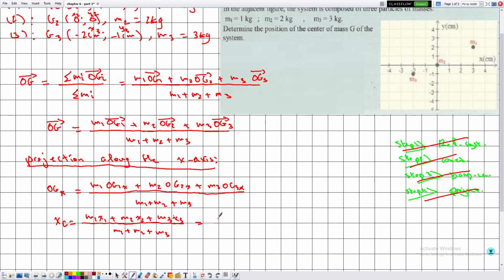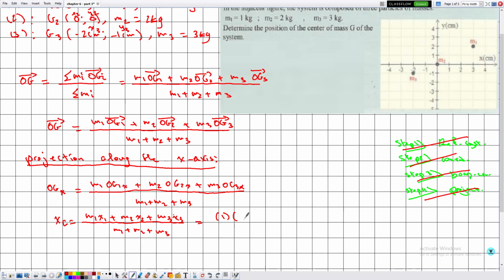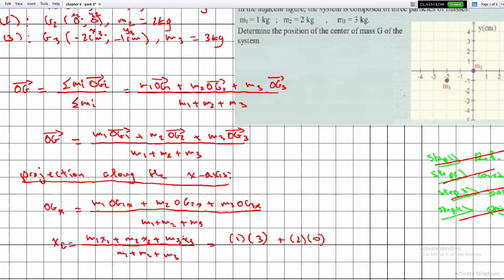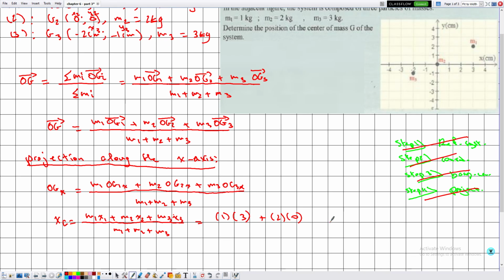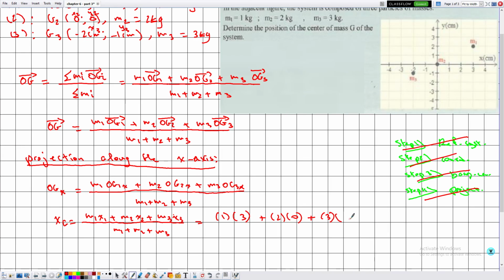Now the value of m1, which is 1, multiplied by x1, which is 3 centimeters, so 3, plus the value of m2, which is 2, multiplied by 0, because x2 is 0, plus m3, the value of m3 is 3, and the value of x3 is minus 2, divided by the sum of masses, 1 plus 2 plus 3.